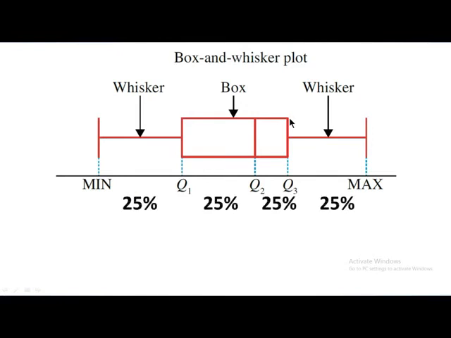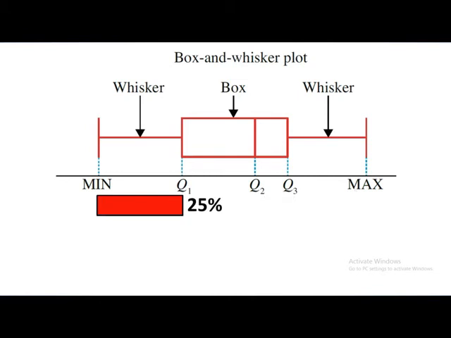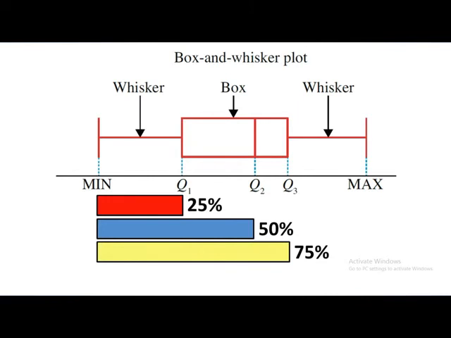Remember, each part is actually 25% from the minimum to Q1, from Q1 to Q2, and so on and so on. So for Q1 is actually 25% of the data. For Q2 is 50% of the data, because Q2 is the median. Divide the data in 2 equally. And Q3 is actually 75% of the data.